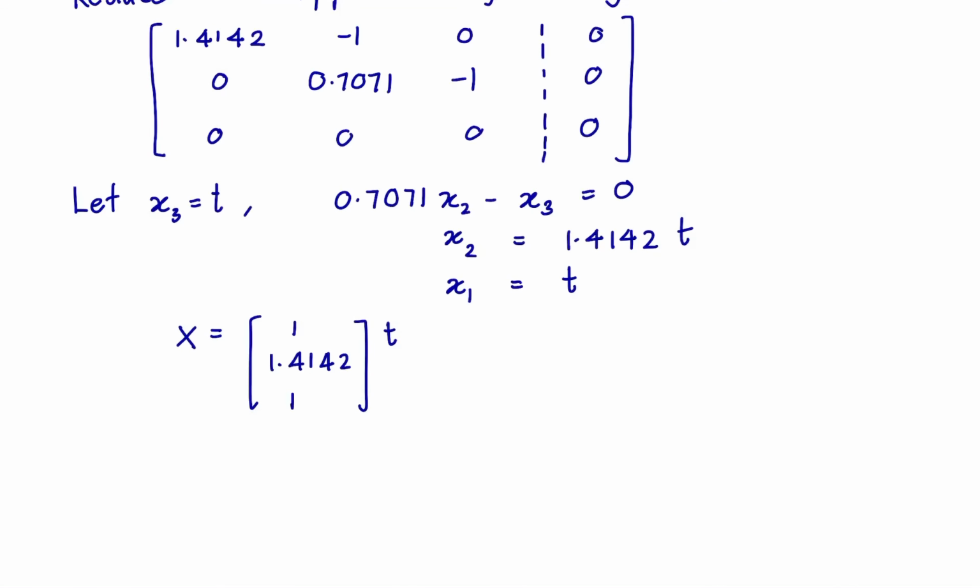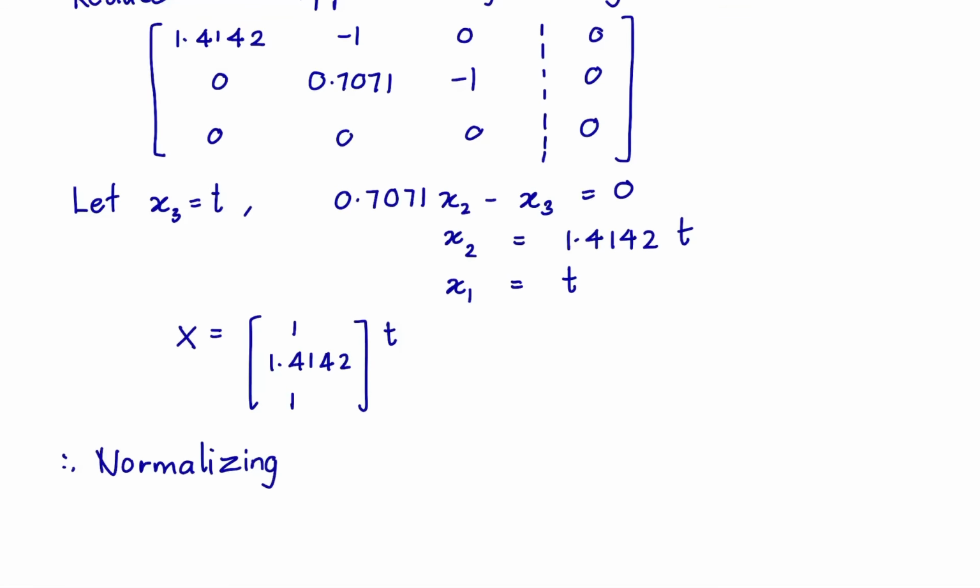This is where I've already brought out our t value. We can't stop here. If you recall, I mentioned earlier that if it is normalized, all the entries must be 1 or less. In this case, the entry with the highest absolute value is 1.4142. So normalizing, we have to divide by 1.4142.